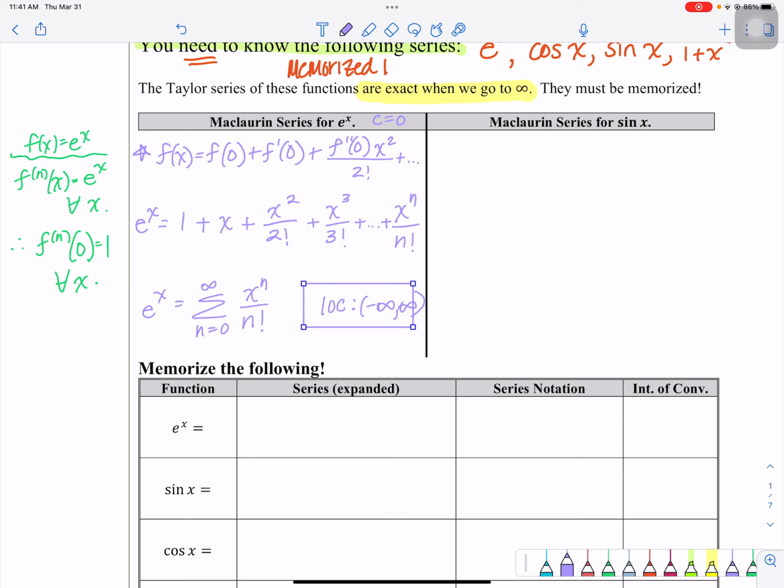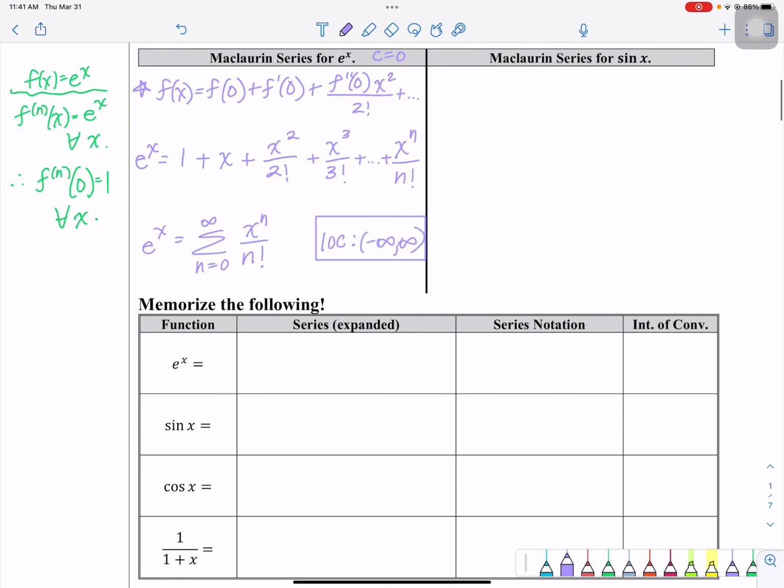We will talk more about that, but you could see that this limit is going to be equal to 0 when we take a look at the ratio test, and we can work that out. But for now, I would like you to just know that that is true.